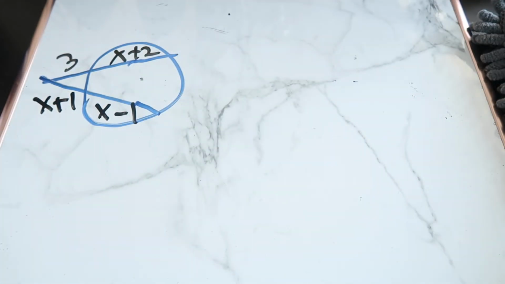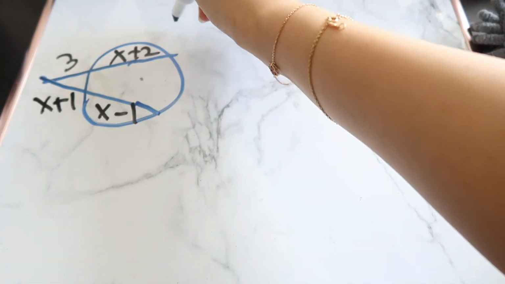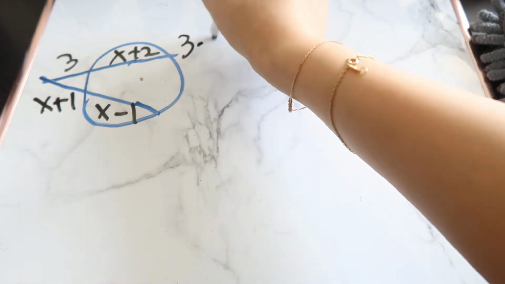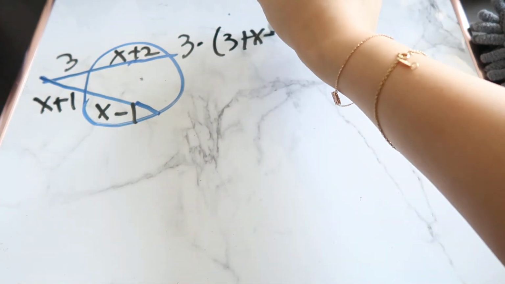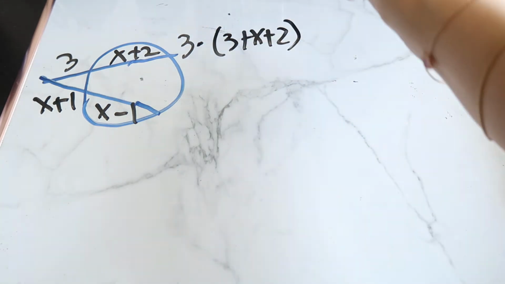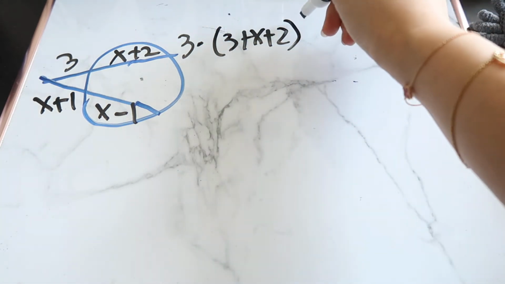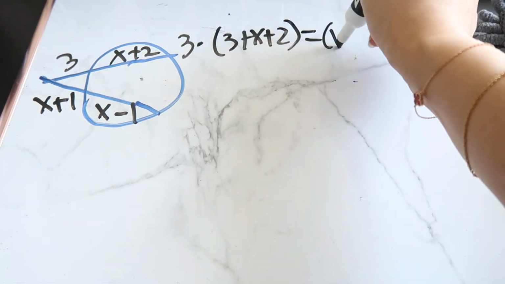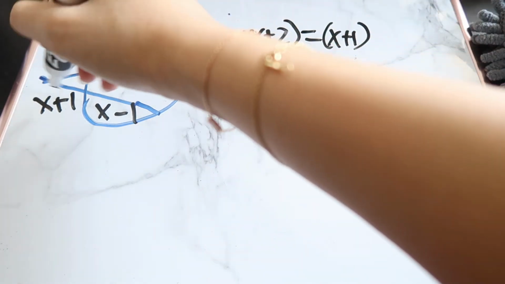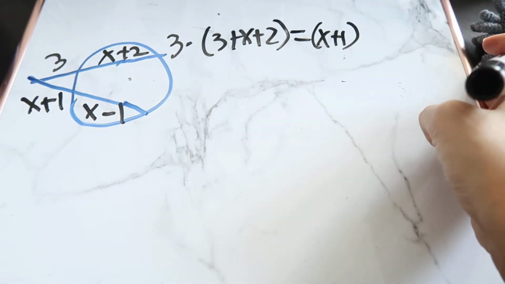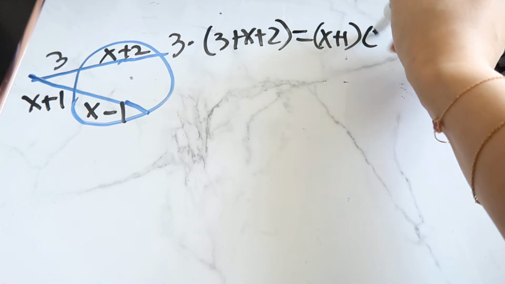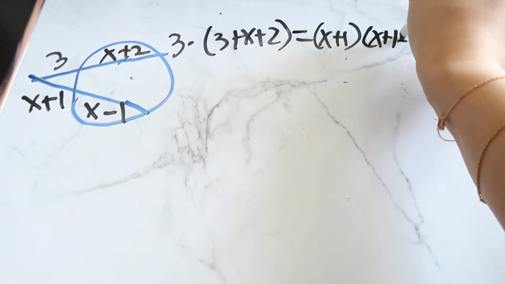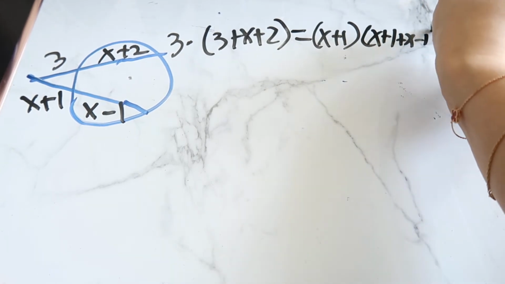Alright, the formula goes, the top part, 3 multiply with 3 plus x plus 2, because we need to add them together inside the second parentheses, and then equals to x plus 1, the outside part, multiply with x plus 1 plus x minus 1.